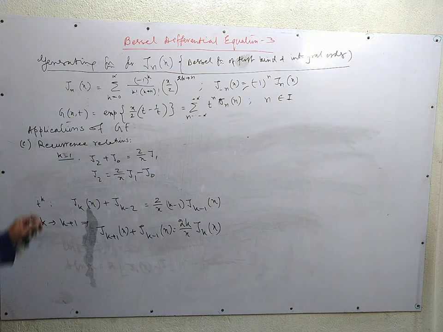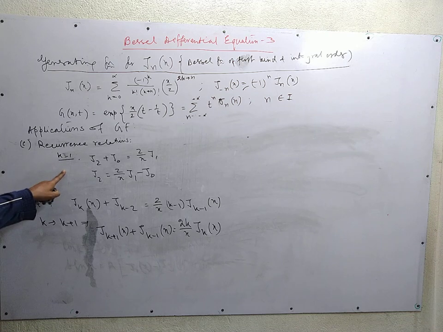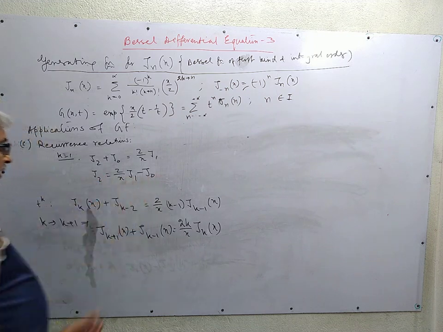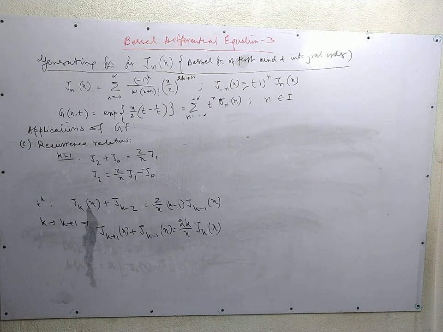We can use k is equal to 2 to write j3 in terms of j1, j2, and we can replace j2 in terms of j1, j0. So we can in principle derive all the higher integral orders of Bessel function of first kind in terms of j1 and j0.